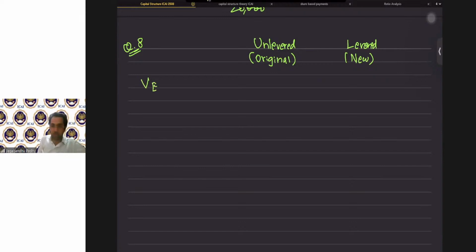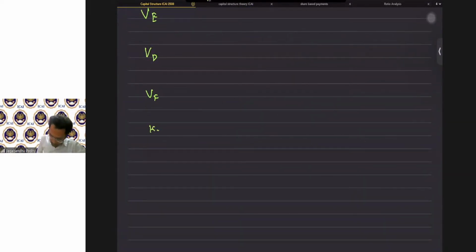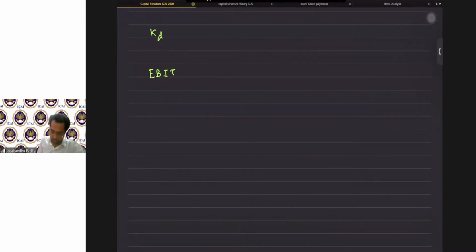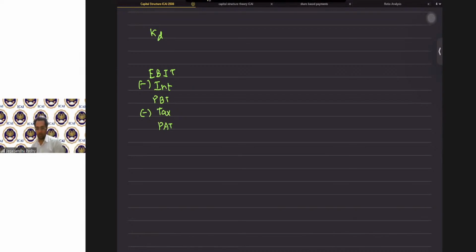We have the value of equity, value of debt, value of the entire firm, cost of equity, cost of debt. And of course, we prepare the income statement also for all our calculations, which is EBIT less any interest that we pay. Then we have profit before tax. Then we have the taxes. And finally, the profit after tax.